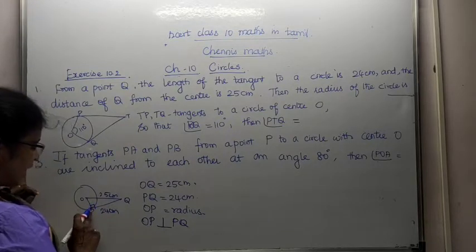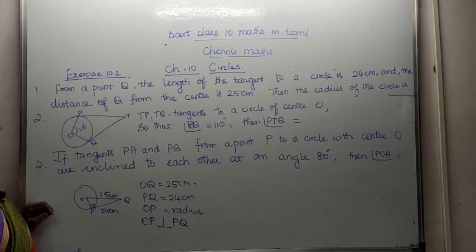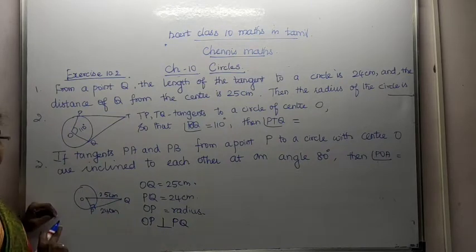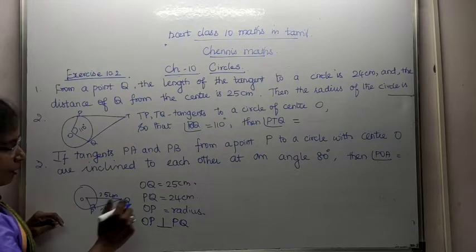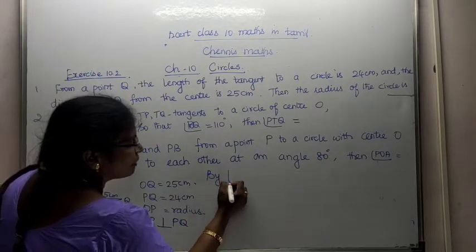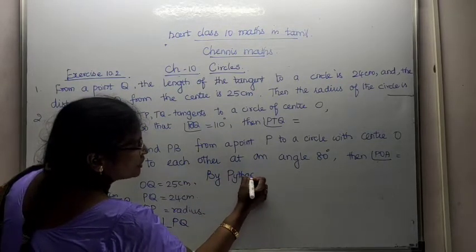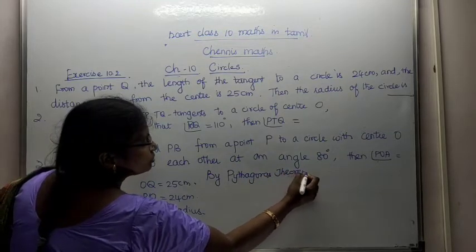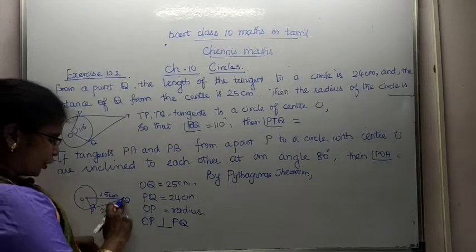Therefore, angle OPQ is equal to 90 degrees. What happens here? Now OQ becomes the hypotenuse. Therefore, by Pythagoras theorem, we have OQ squared.